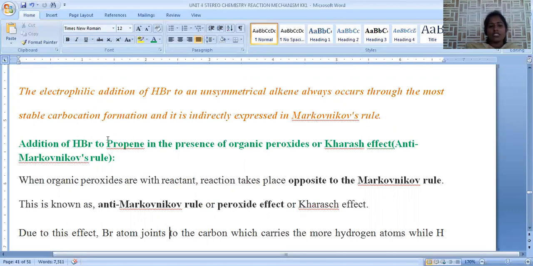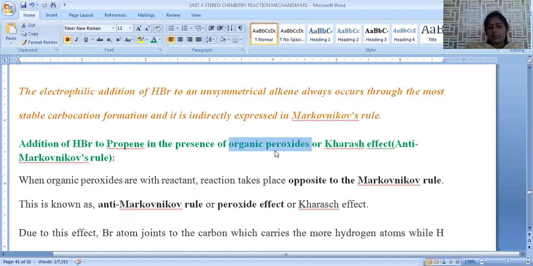Now we are going to discuss the anti-Markovnikov rule, that is, addition of HBr to propene in the presence of organic peroxide. Okay, so if we mention peroxide, that mechanism is obviously anti-Markovnikov. If no peroxide is present, then the mechanism proceeds through Markovnikov rule.